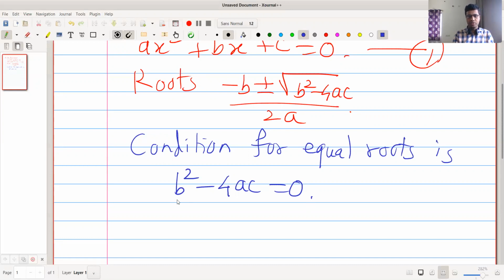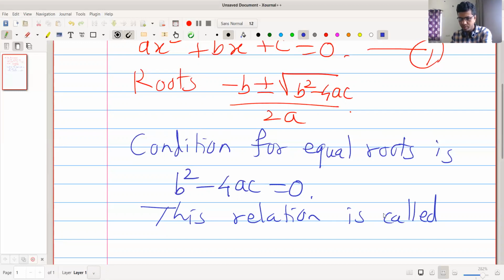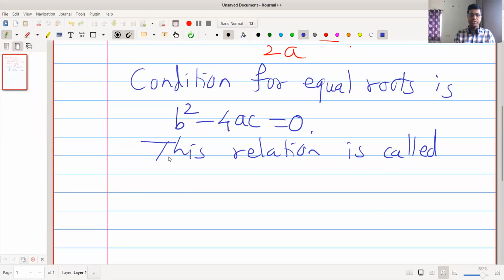So this relation is called the discriminant relation, and the term b square minus 4ac is called the discriminant. b square minus 4ac equal to 0, this relation is called the discriminant relation.